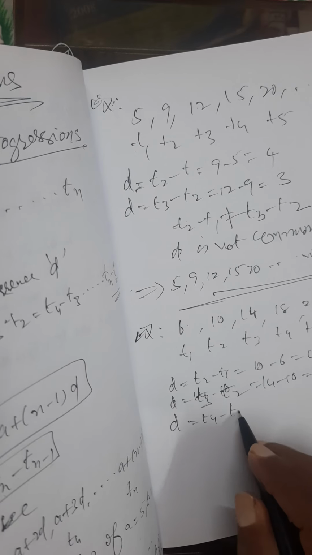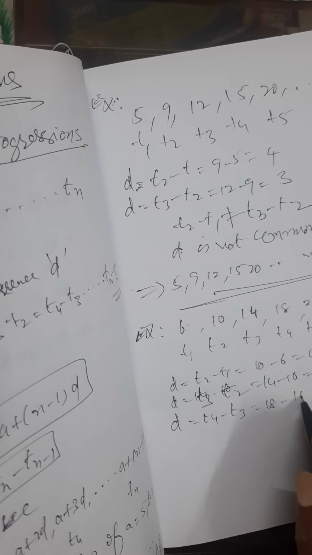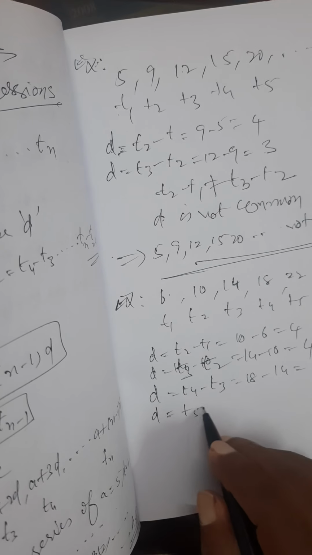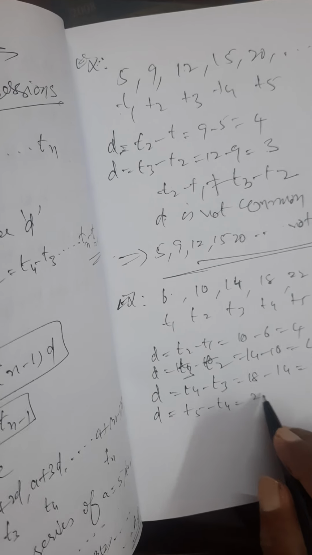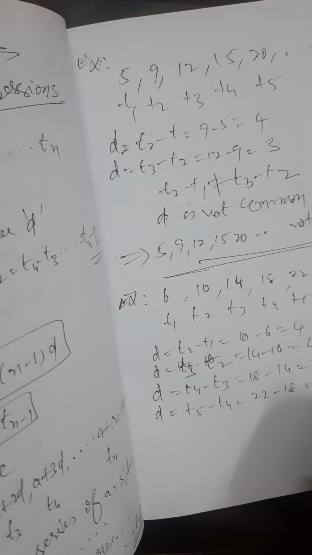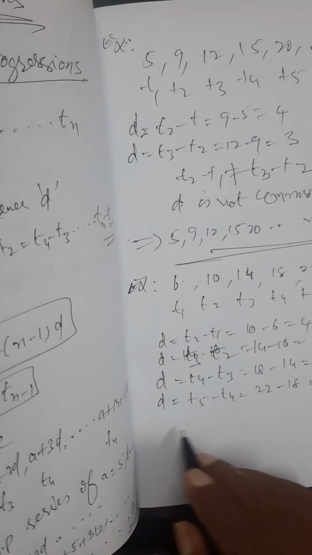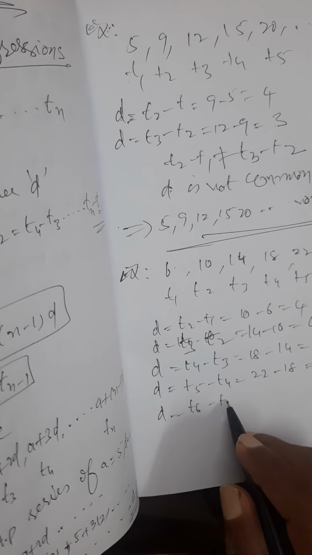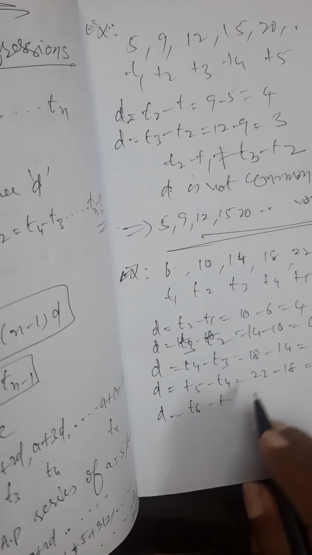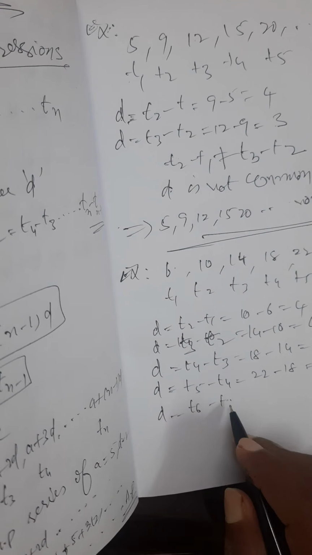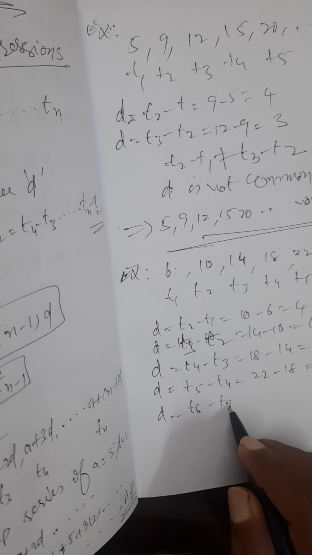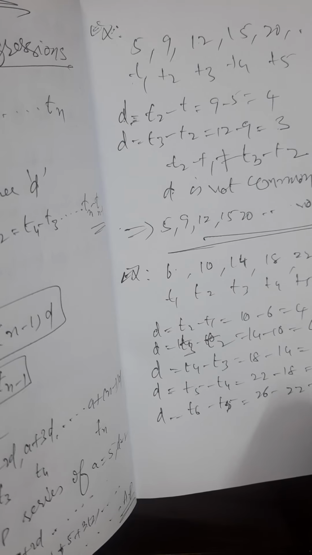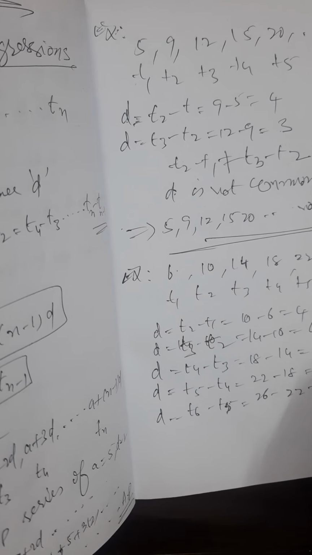T4 minus T3, 18 minus 14, again 4. T5 minus T4, 22 minus 18, again 4. Therefore, we can check the last one also. If you check a few and they are the same, then they are the same for all. T6 minus T5, 26 minus 22, again 4. So all these are common.